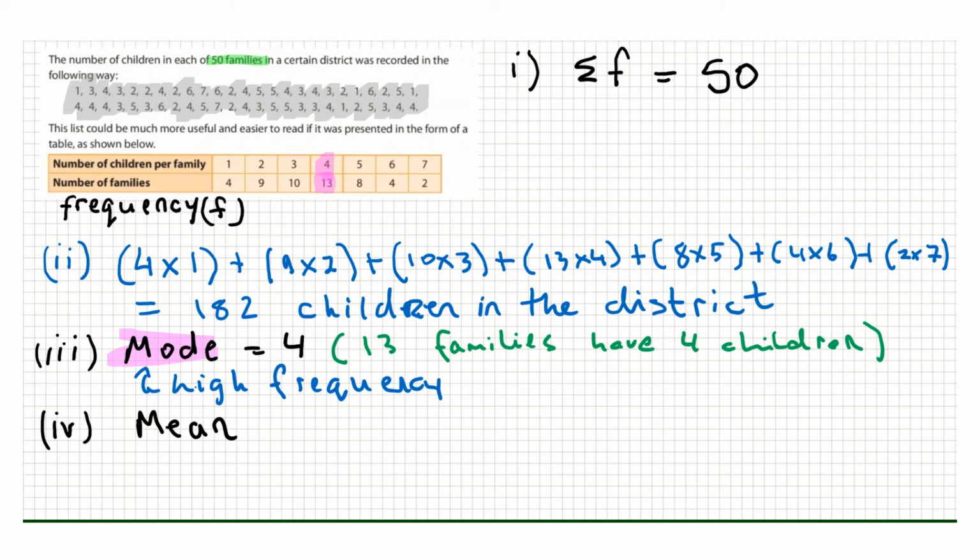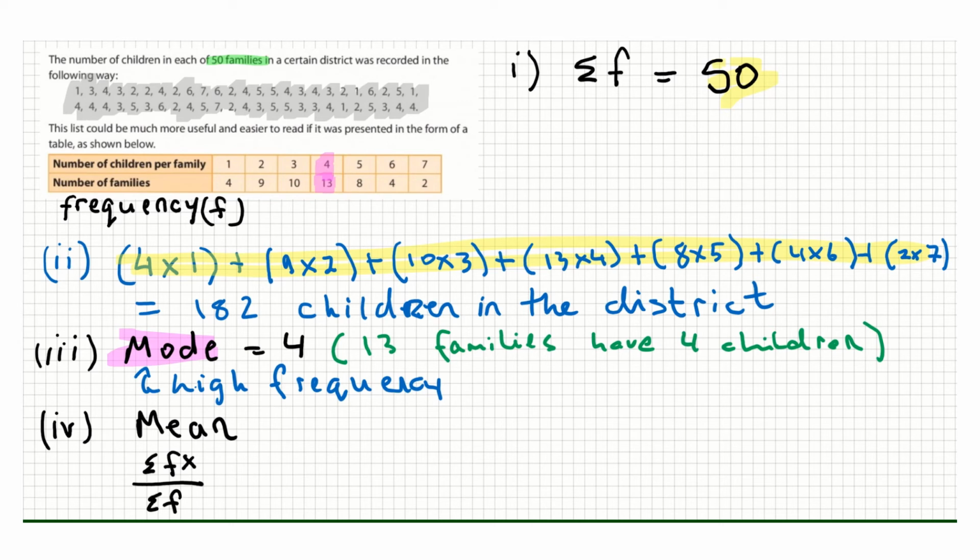So we can use the data we've already organized. First of all, we know that there are 182 children, and we know that there are 50 families. So the formula for the mean looks like this: the sum of f times x divided by the sum of f.